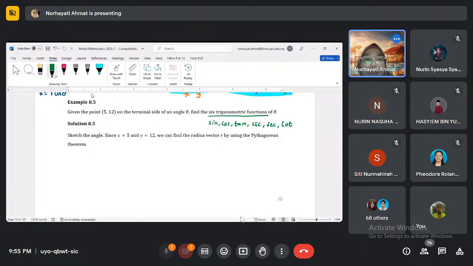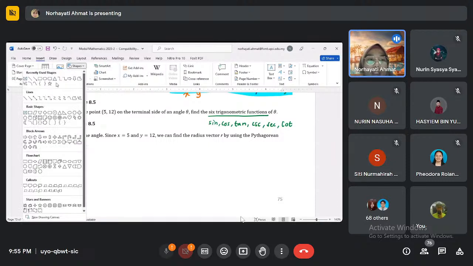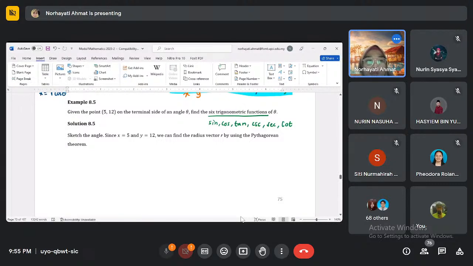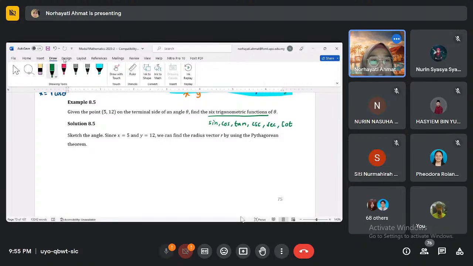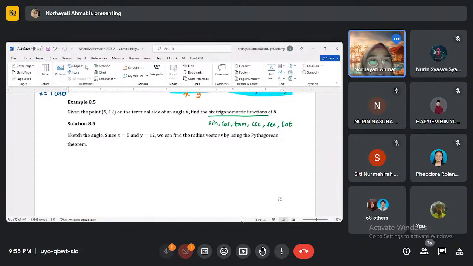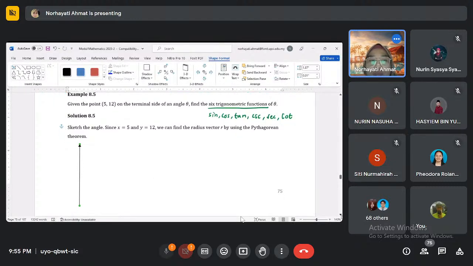The terminal point is (5, 12). Cuba kita lukis dulu. Let's draw the position. Kita ada Y axis and then X axis.